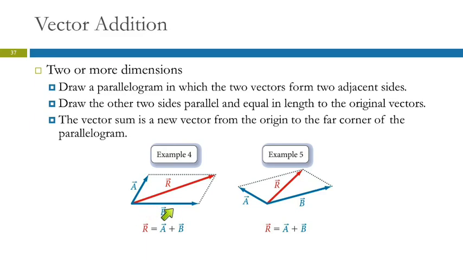So we've got this vector B, and we're going to draw a line that's parallel with B, starting at the end of the A here. And then over on this side, this line is going to be parallel with the A. So we're just taking our two vectors as two sides of a parallelogram. We're going to complete the rest of it. The sum of these is going from this point of origin to the other corner of the parallelogram.